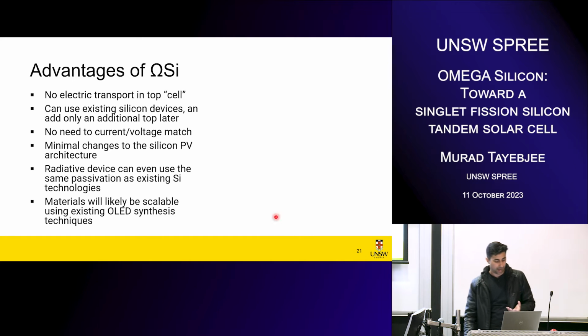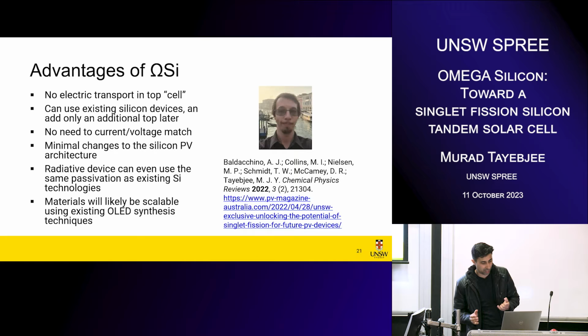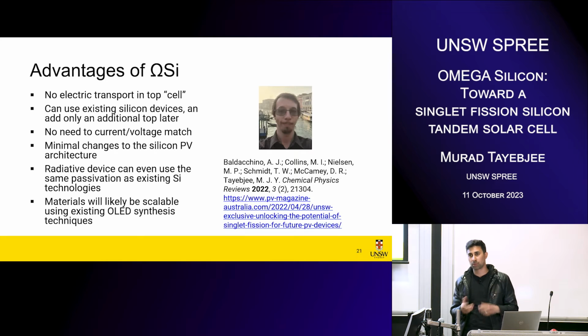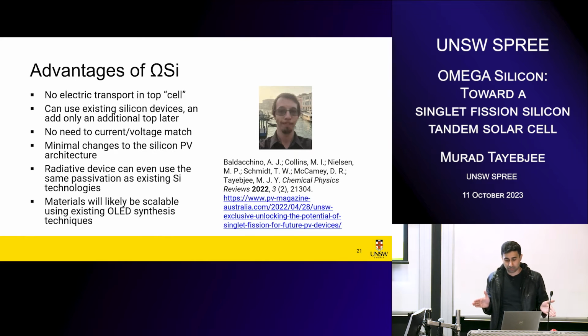Just a quick shout out to my ex-PhD student and current postdoc in the team, Alex, who wrote a review article on the overall state of singlet fission photovoltaics. And if you can't be bothered reading a review article, we also published something in PV Magazine, which is much shorter. So that's sort of where we underline the advantages of Omega Silicon.